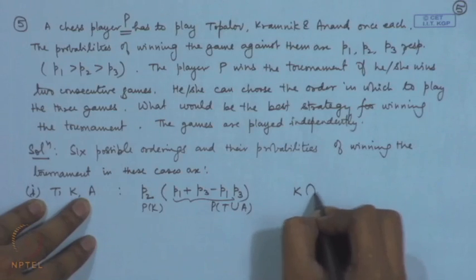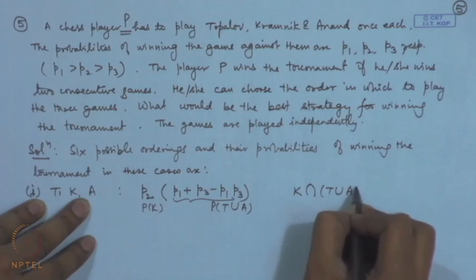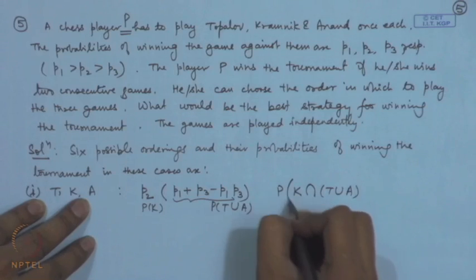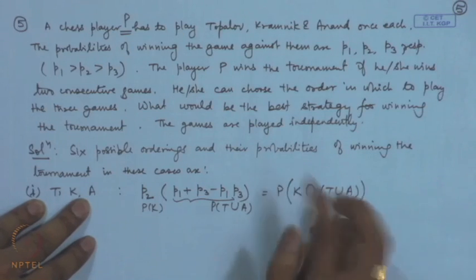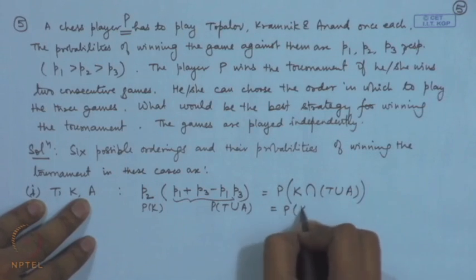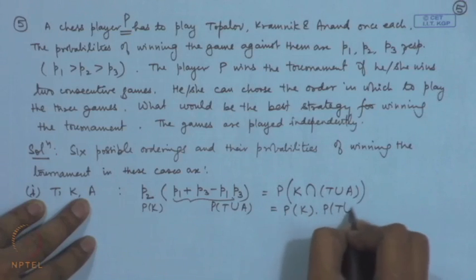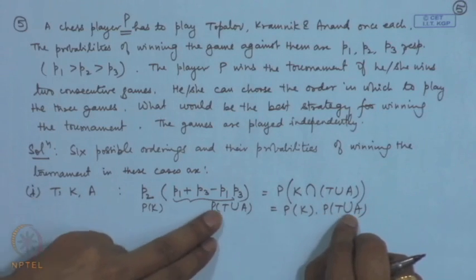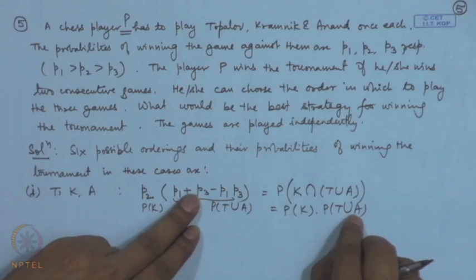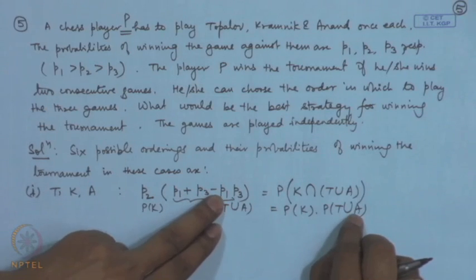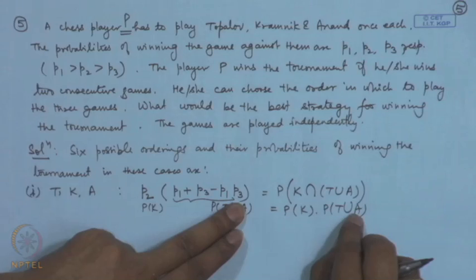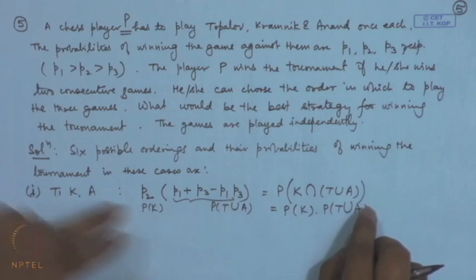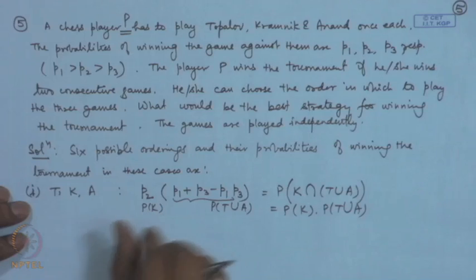K intersection T union A, and since independence assumption is there, this becomes probability of K into probability of T union A, and probability of T union A I am again writing as probability of T plus probability of A minus probability of T into probability of A, because of independence of T and A also. So, this is the term that we will get.